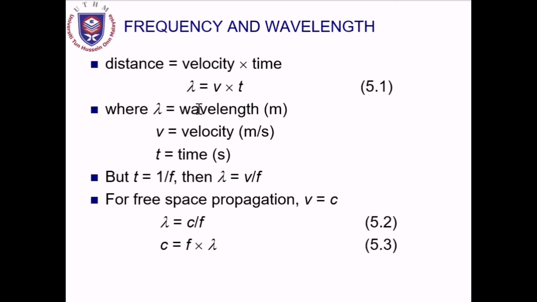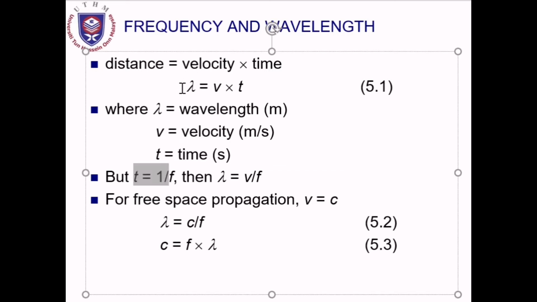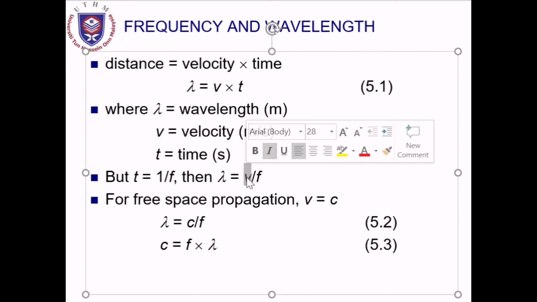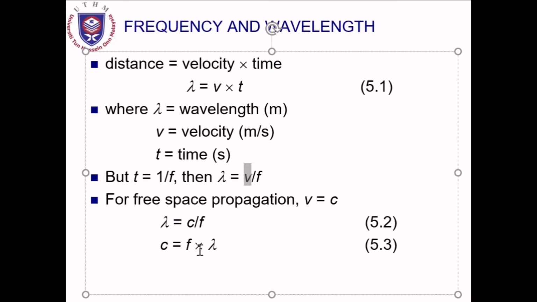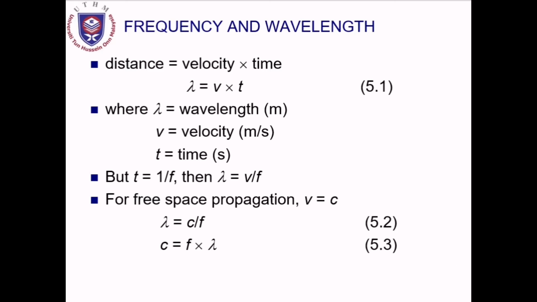If we substitute this into the equation, we get lambda equals v over f. We also know that v, the velocity in free space propagation, is the same as the speed of light, which is c. That's why you get c equals f times lambda.